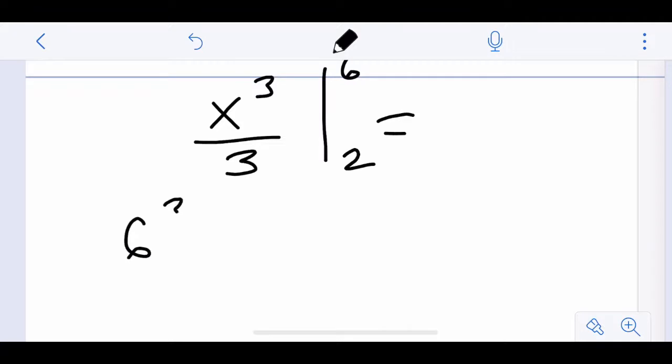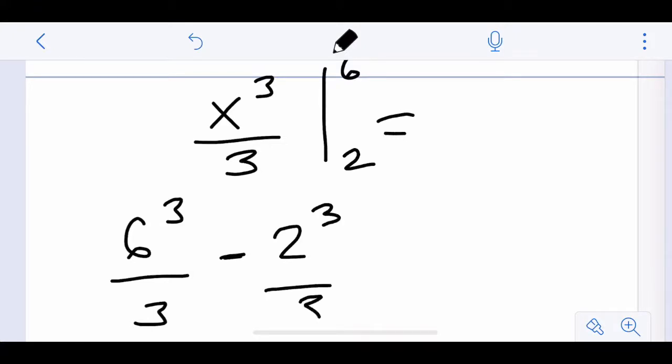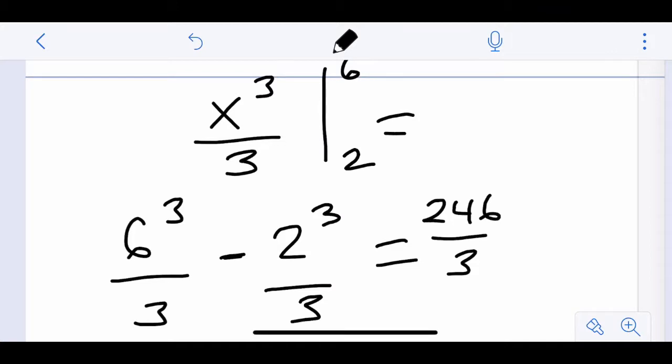So you substitute 6 in for x, 6 cubed over 3, and you always subtract and insert 2 for x, 2 cubed over 3, and you have 216 over 3 minus 8 over 3.